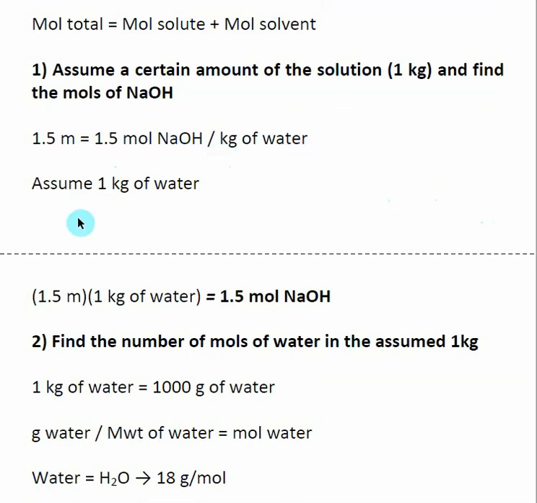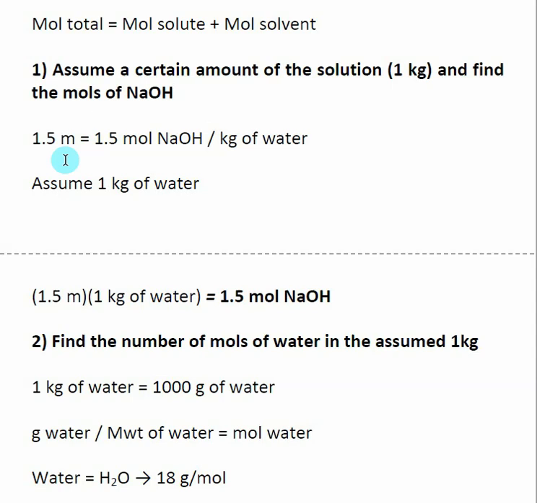And I'm going to assume that I have 1 kilogram of water in this case. So I can arbitrarily pick how much of the solution that I have. You can do this calculation by assuming you have 1 gram or 500 grams of water, but your calculations are going to be a lot simpler if I just use the fact that we're dealing with kilograms of water. So I assume that I have 1 kilogram of water.